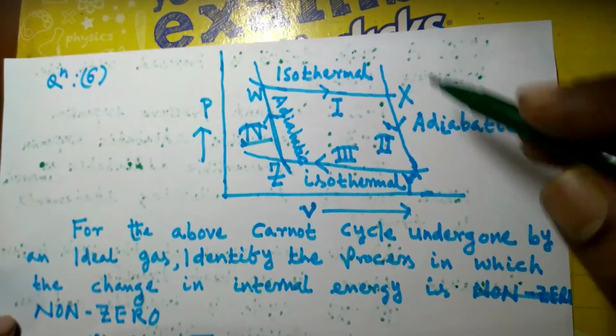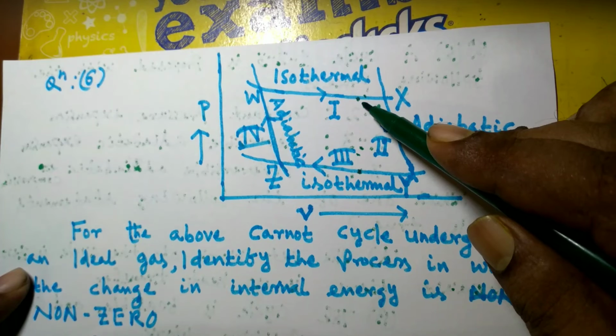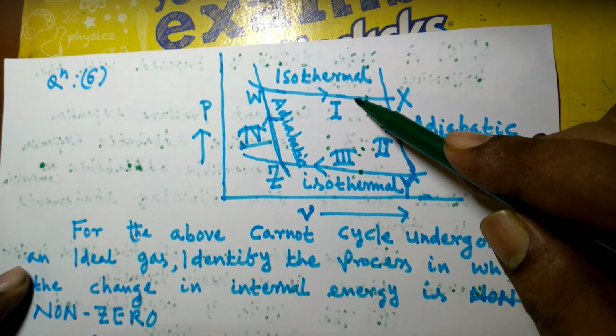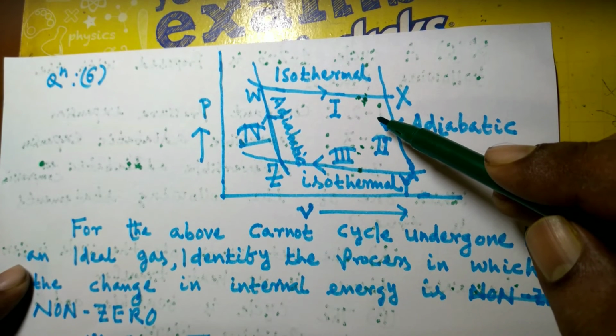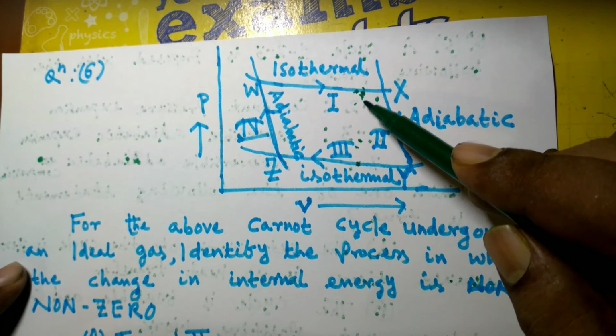You know, for these two isothermal processes, 1 2 and 3 4, internal energy is constant, because in case of isothermal processes there is no change in temperature during the process. Only temperature remains constant during the process. That's why the processes are called isothermal processes.